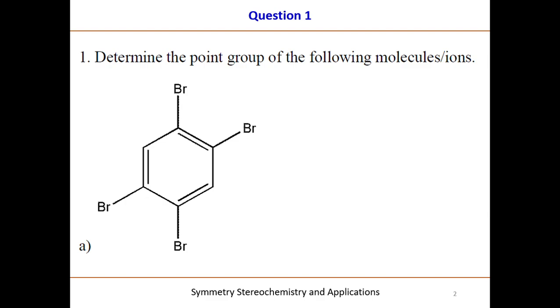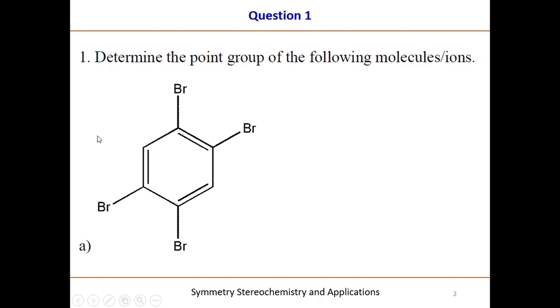So this is question number 1. Determine the point group of the following molecules. Before solving the question, you should know what a point group is. The point group is a set of all the symmetry operations that can be performed on the molecule, resulting in a conformation indistinguishable from the original one.